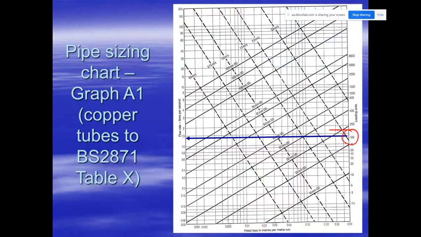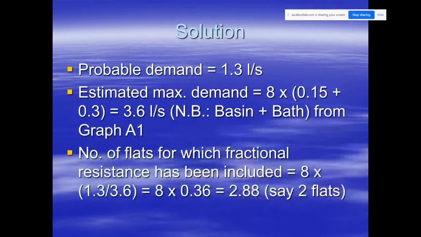If the loading unit is 108, then the maximum flow rate should be about 1.4 liters per second, based on chart graph A1 of IOP. And then 1.3, this is the flow rate. But it is necessary for us to estimate the maximum demand.